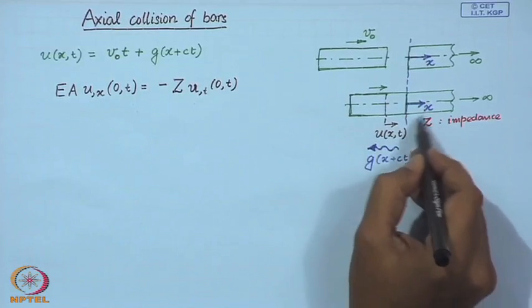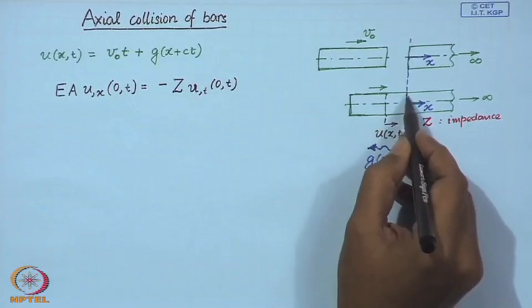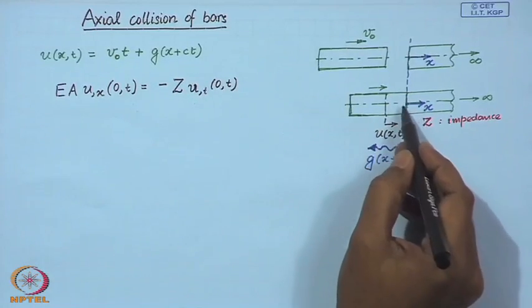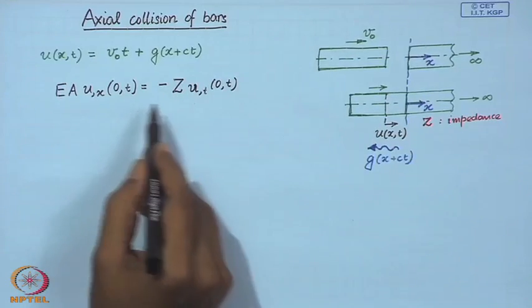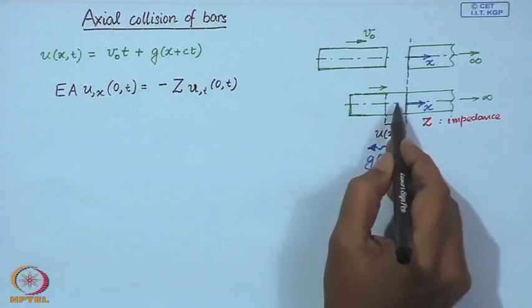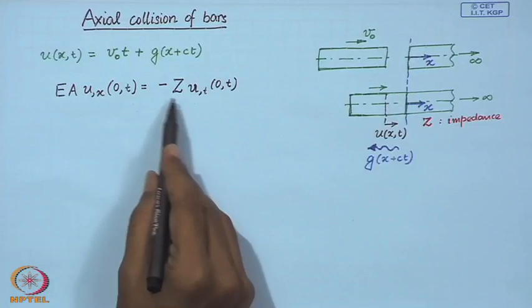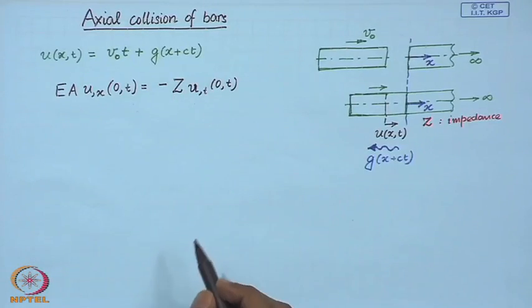If the impedance is z, then z times the velocity of this face of the bar must be the force, and that force is being felt by this finite bar as negative of z times the velocity.